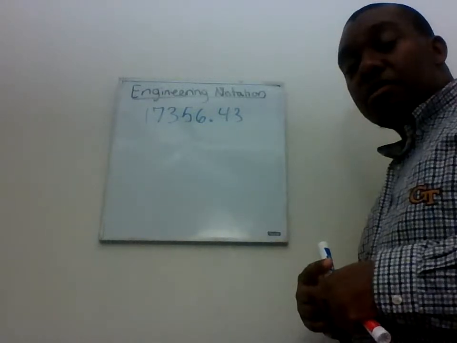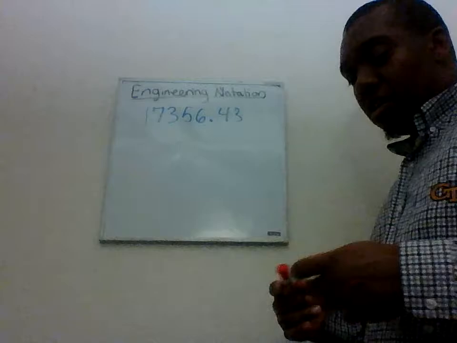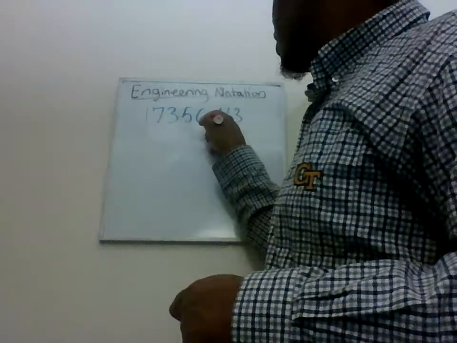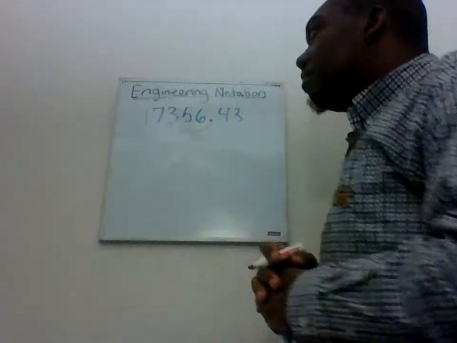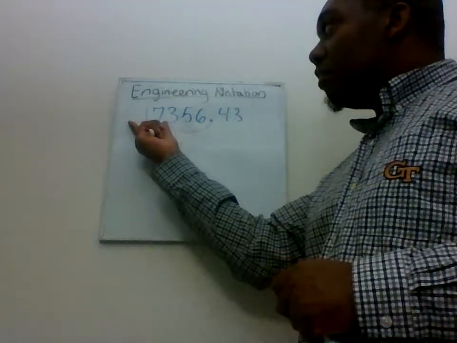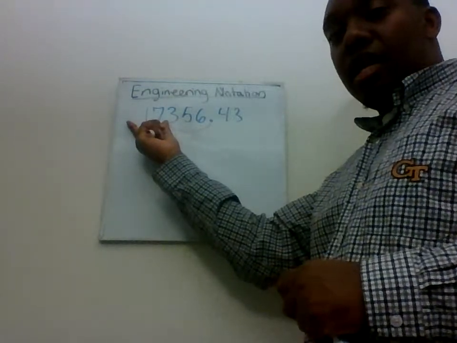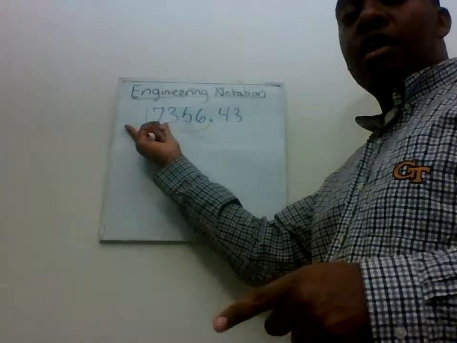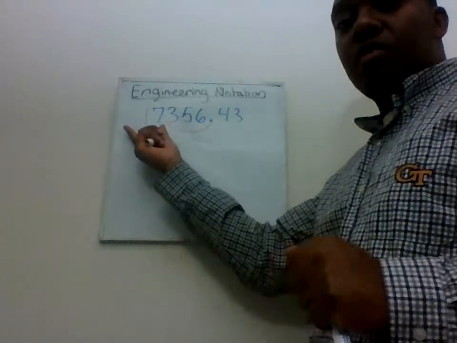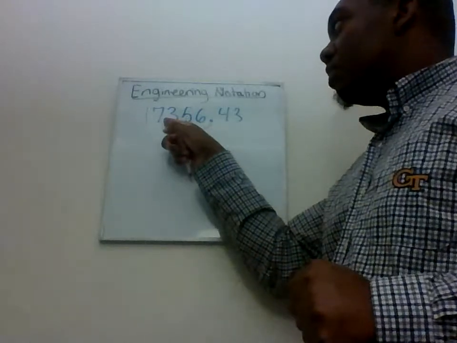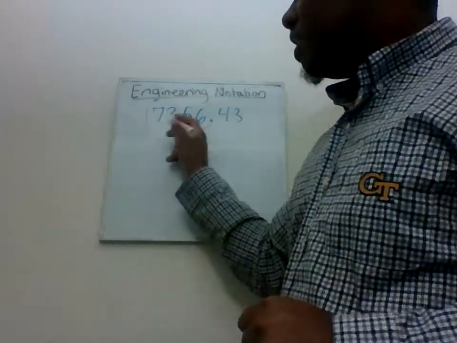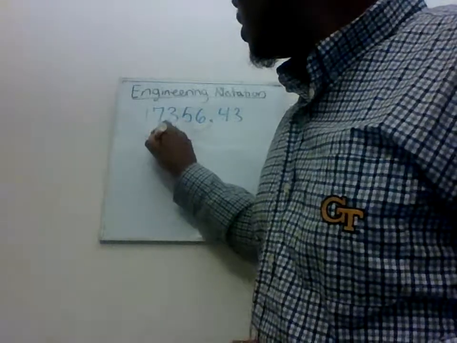Sometimes people group things in terms of 3. So I move this over until the remaining number is between 1 and 1,000. Remember, that's what you need for engineering notation. To move the decimal over by groups of 3, I only have to move it between the 7 and 3, and I'll get 17.